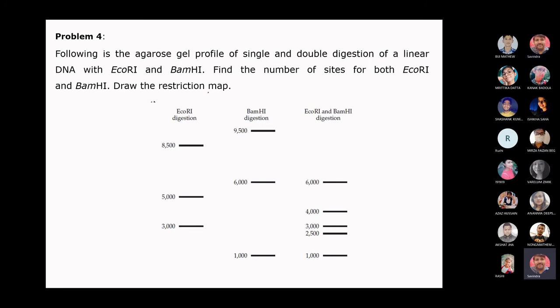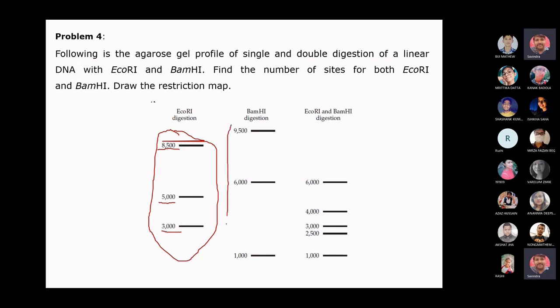restriction map. So हम यहाँ से देखेंगे, we are getting these 3 fragments or these 3 bands after digesting it with EcoR1. Okay, so it's 8,500, 5,000, 3,000, or we can say 8.5 kb, 5 kb, 3 kb.